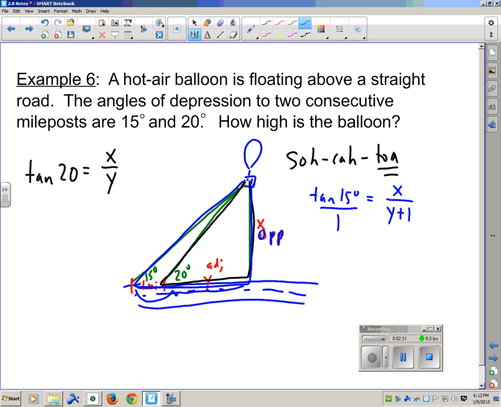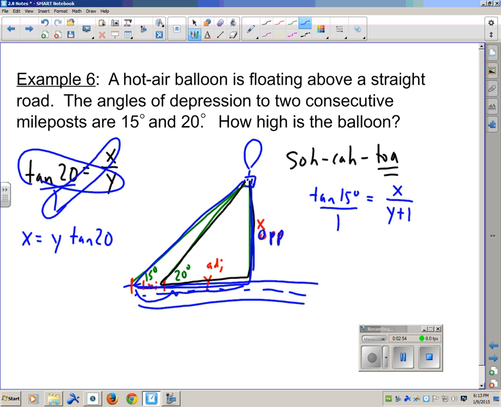So what I'm going to do in both of these cases here, I'm going to solve for x. Because if the x's are equal to each other, which they are, this side length is the same for both of the triangles there, then I can take the other portions, set them equal to each other, and solve for y. So that's my goal there. So if I multiply here, I'm going to solve for x. So I get x equals y times the tangent of 20.